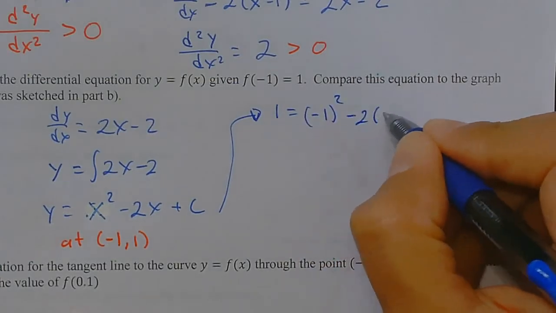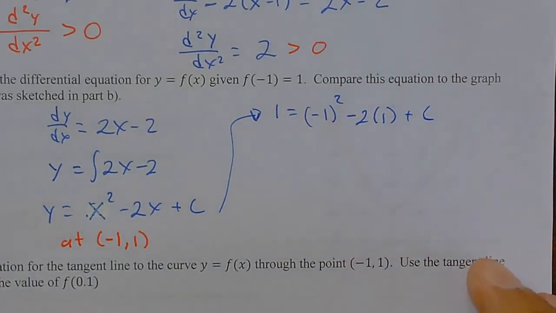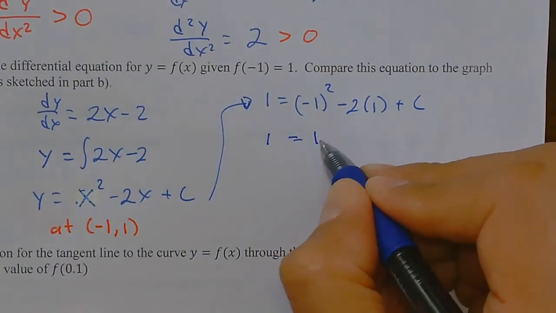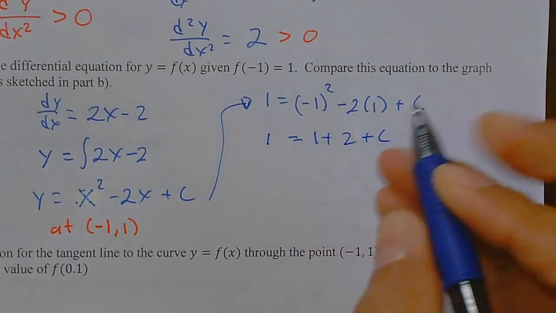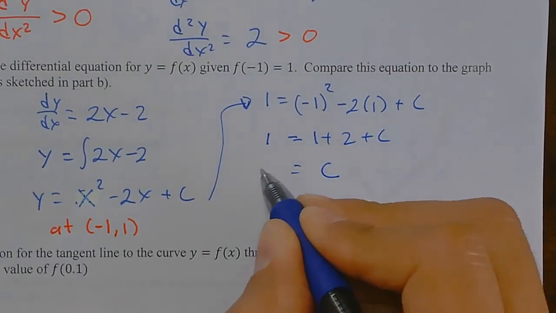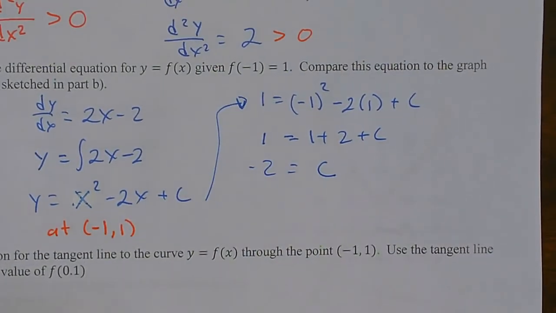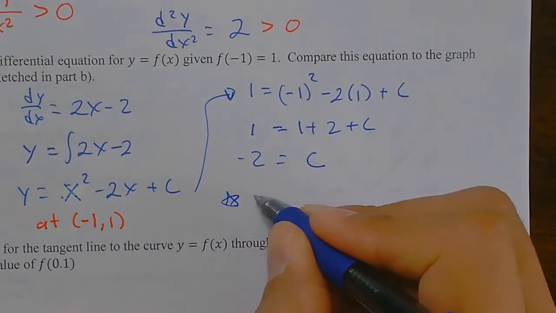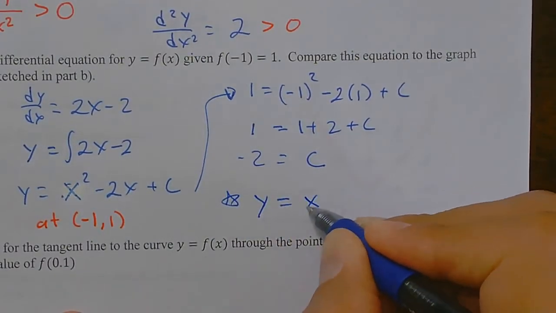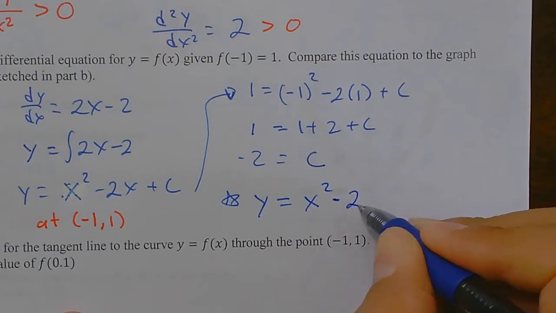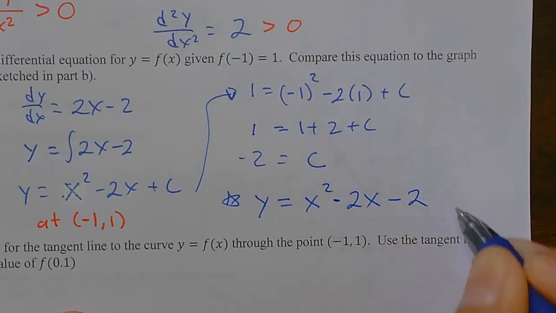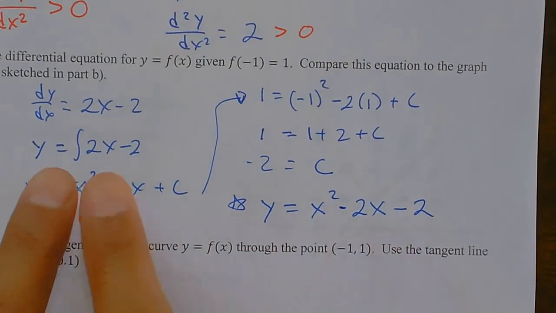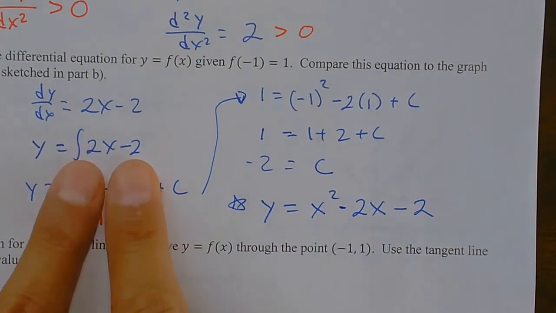And knowing that my constant is -2 tells me that my solution will be y equals x squared minus 2x minus 2. Notice that this only had x's as opposed to the example we had on the first page where we had x's and y's, which we can't do yet. We will, but not yet. So that is the solution to that differential equation at the point -1, 1.